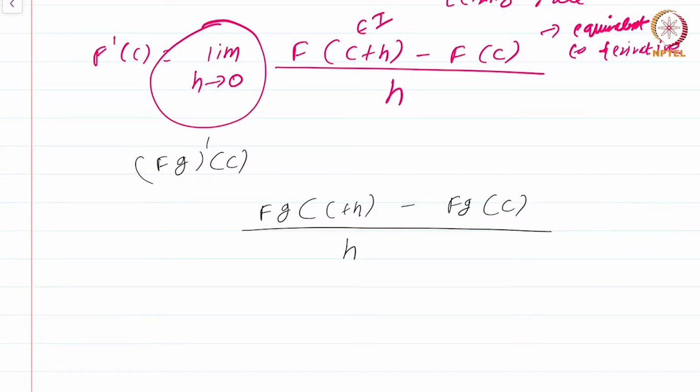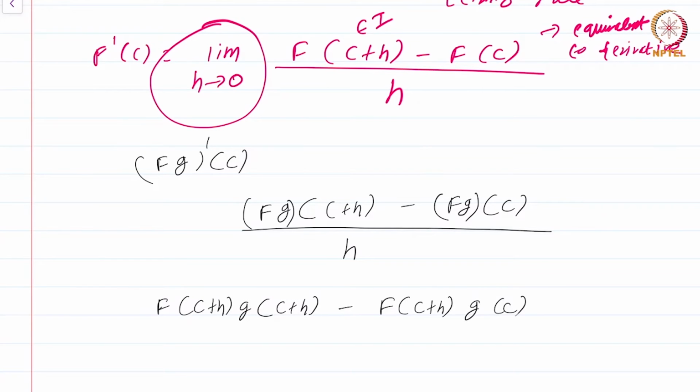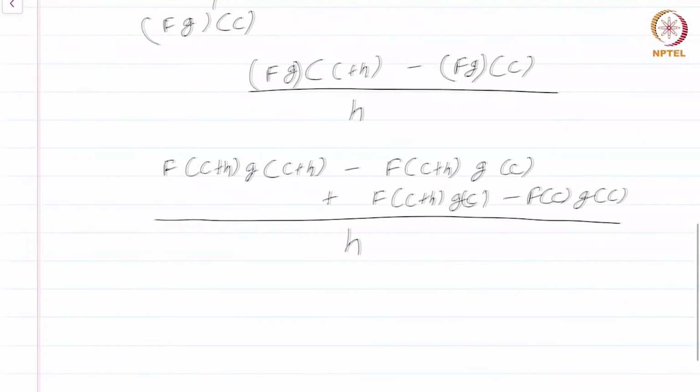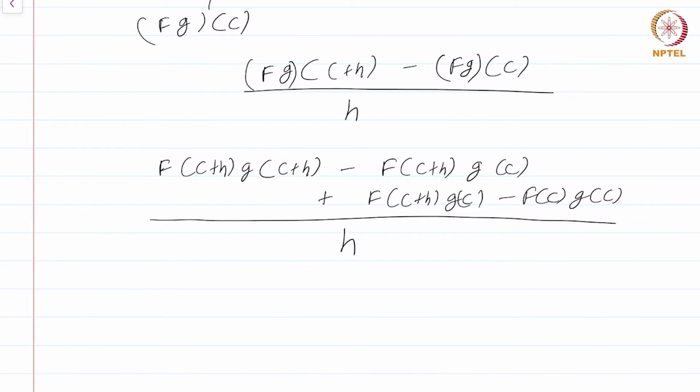We write this as f of c plus h, g of c plus h minus f of c plus h, g of c plus f of c plus h, g of c minus f of c, g of c by h. The standard plus minus, add something, subtract something, that gives you the answer.